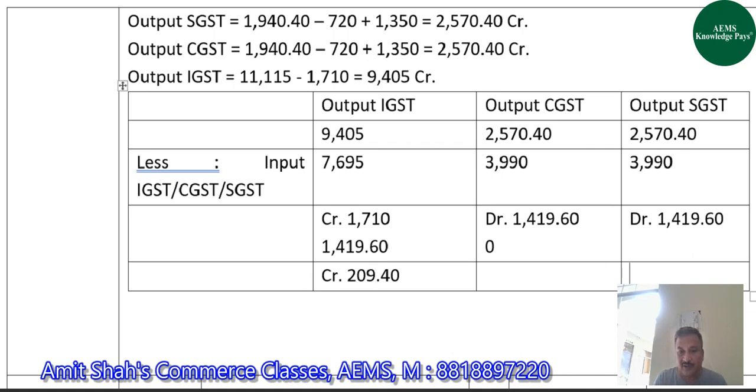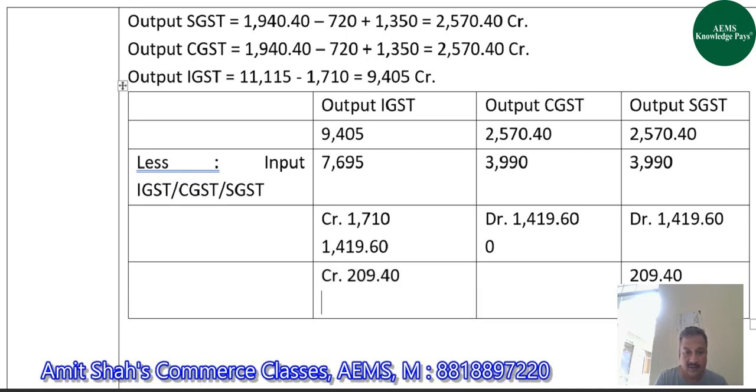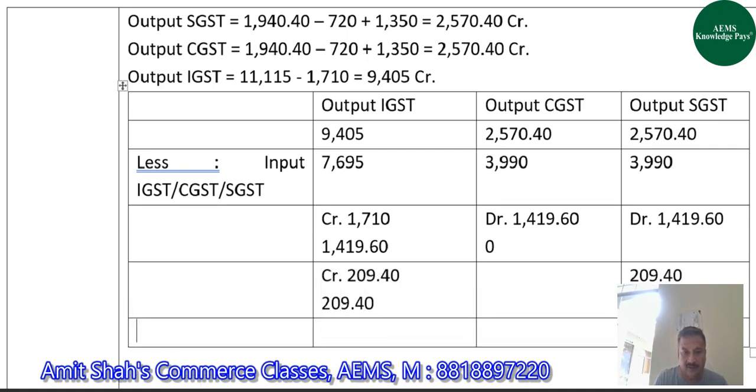And that 209.4 we will take from here. So here now the balance is 0, and here the balance left is still a debit of 1419.6 minus 209.4, that is 1210.2, right?